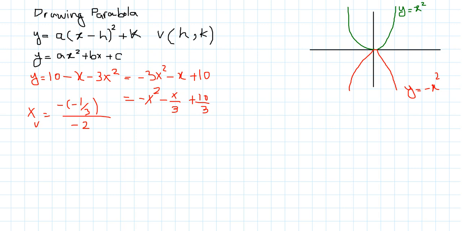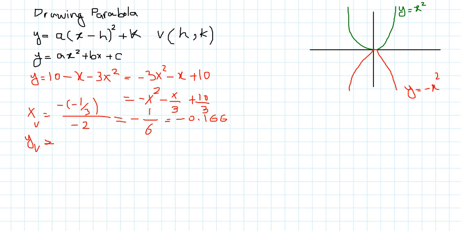Okay, minus 1 over 3, it will be positive, 1 over 3 over 2. Because of minus 2 here, I will have a minus 1 over 6, or it will be minus 0.166 and 6 continue.